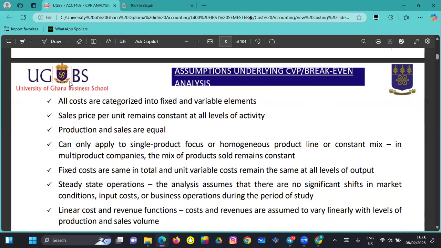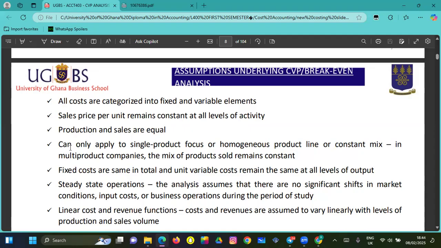CVP normally categorizes all costs into fixed and variable elements. So when you're dealing with CVP, your costs are always divided between fixed and variable. Selling price per unit remains constant at all levels of activity. Production and sales are equal when we are breaking even.